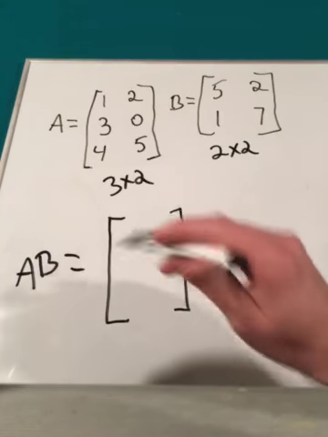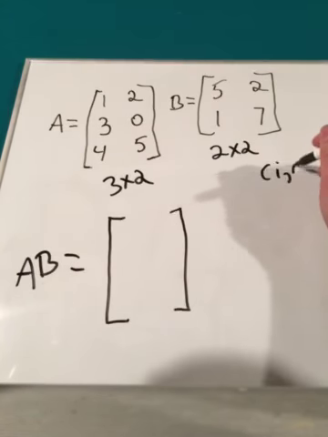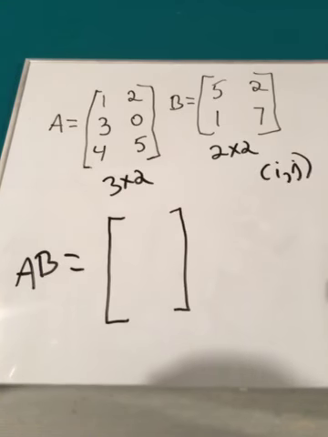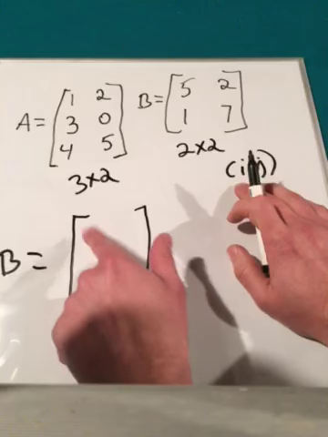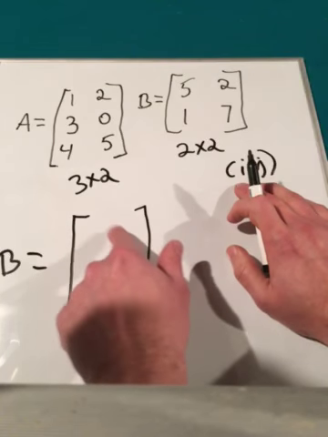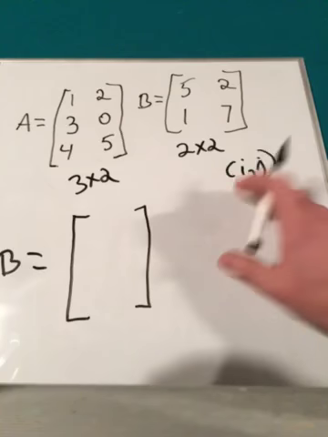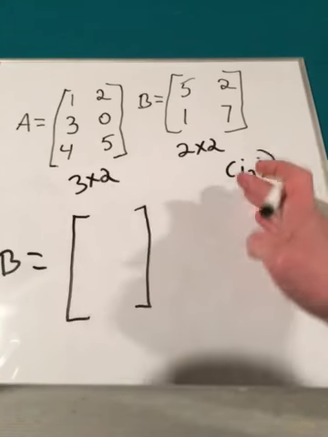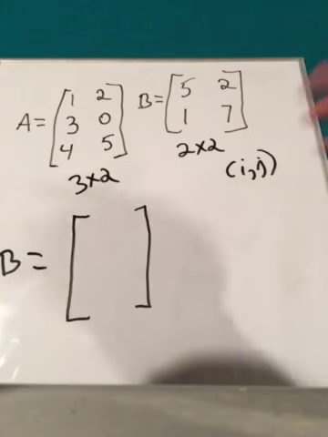Well, if we define every entry as the ij entry, then the ij entry of this matrix is just going to be the dot product of the ith row of A with the jth column of B. What does that mean?